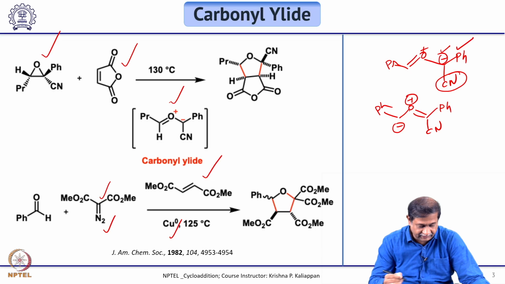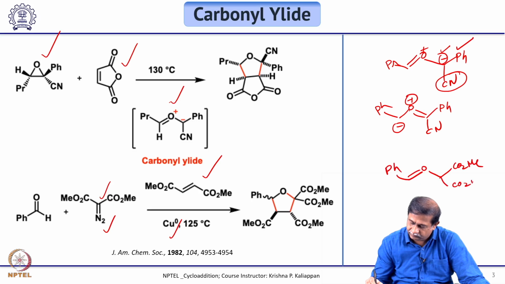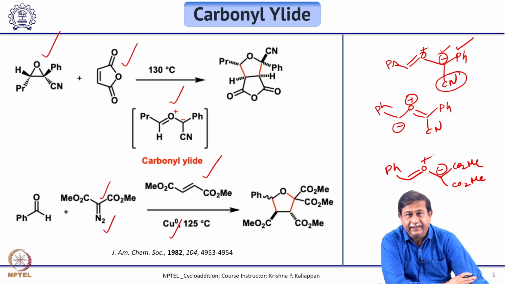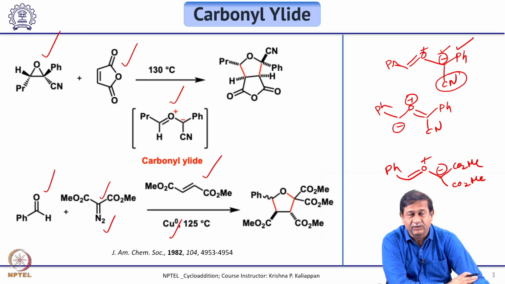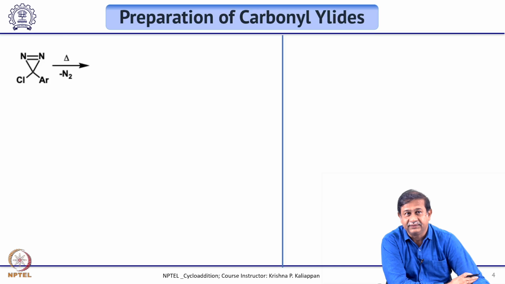So the intermediate is this carbonyl ylide, which is generated between this benzaldehyde and this diazo compound when you treat with copper, and that spontaneously undergoes 1,3-dipolar cycloaddition with dimethyl fumarate.